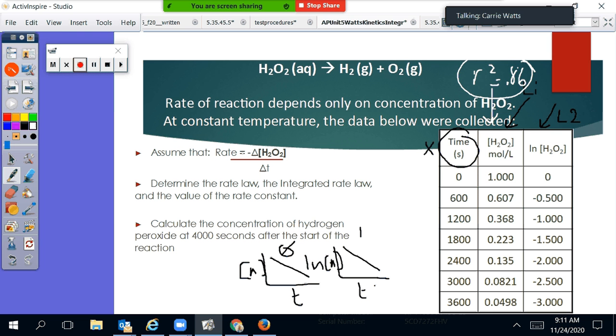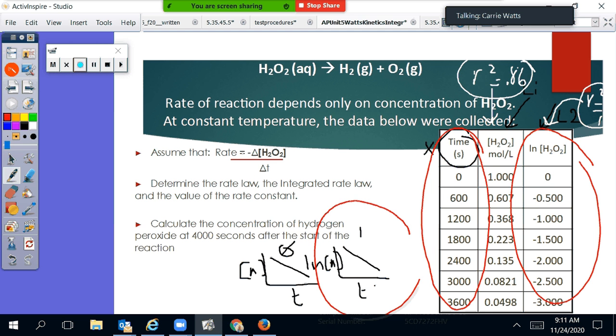I'm going to pick the different list for Y as L3 for me. Hit Calculate, and I get my R squared value as 1. So my regression is 1, which means the closest to 1 makes it a straight line. So that means this data makes a straight line, which is going to be first order.